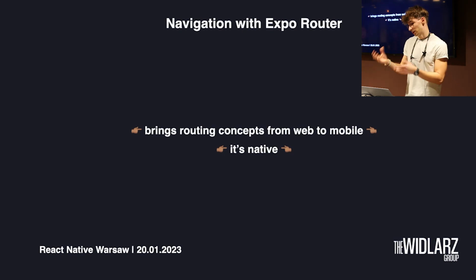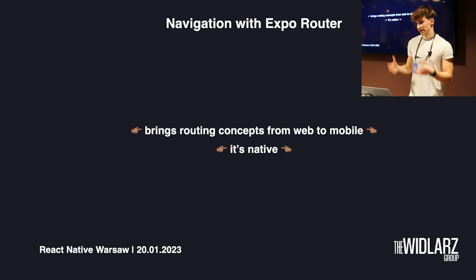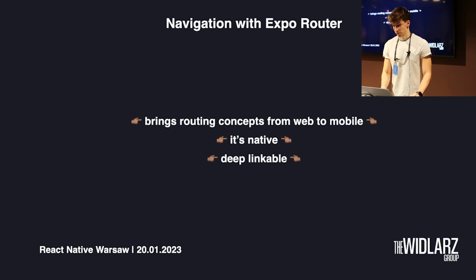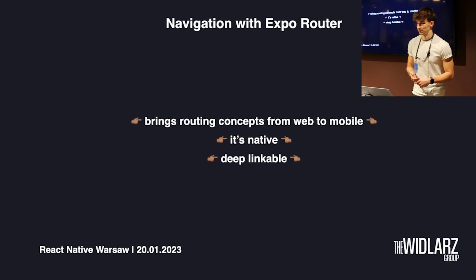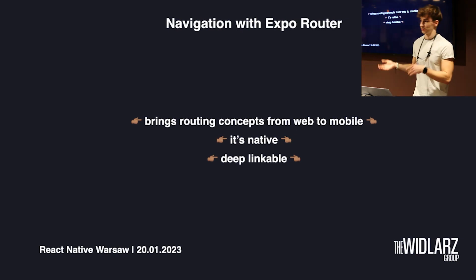Expo Router also uses React Navigation under the hood, so we still can get a native feel to it. Thanks to Expo Router, our project can be deep linkable by default, meaning that you don't have to map certain paths to certain screens yourself.